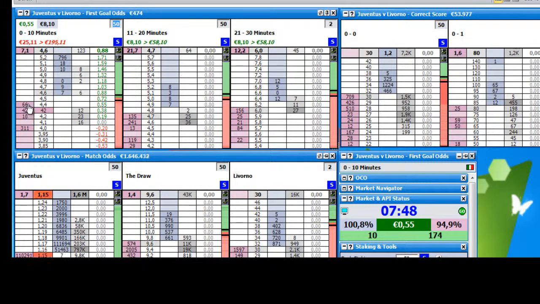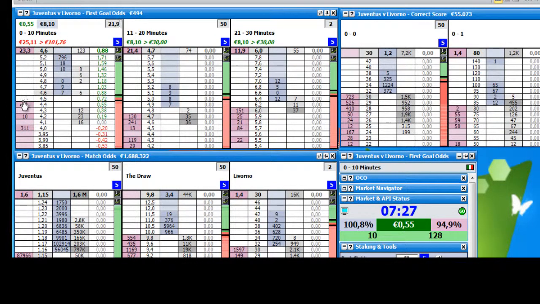Well, now we have here 4.5. Maybe I will reduce my total stack and I will lay here only, let us work with 30 euros. Maybe I get here in the market with 20.9.